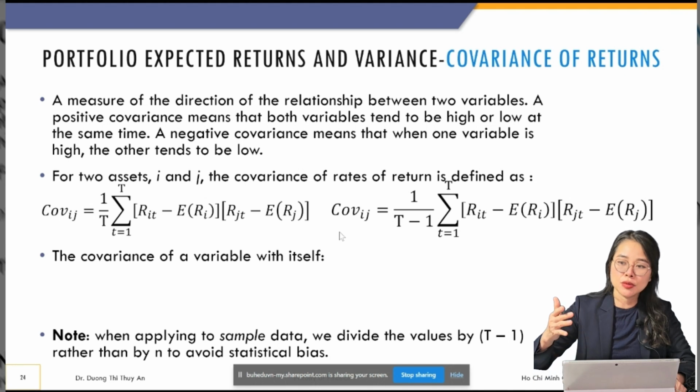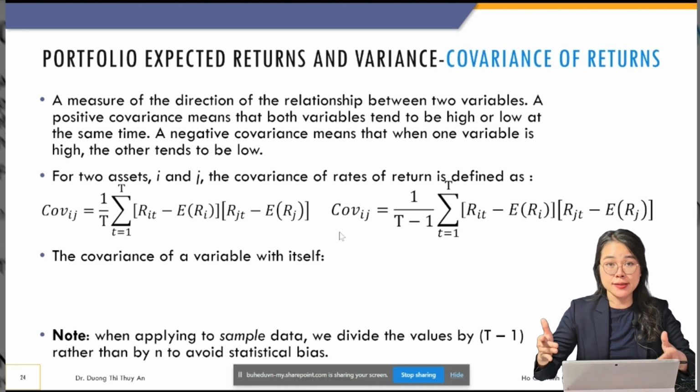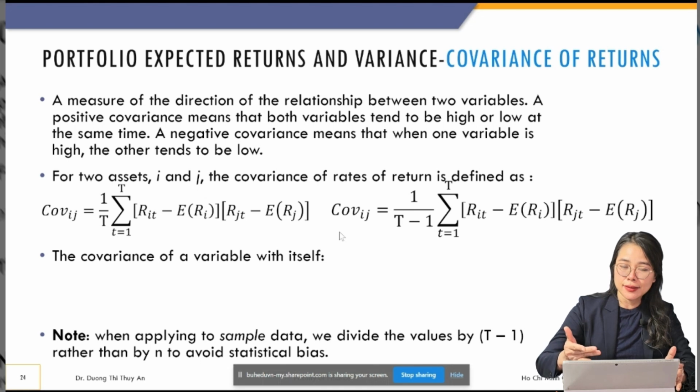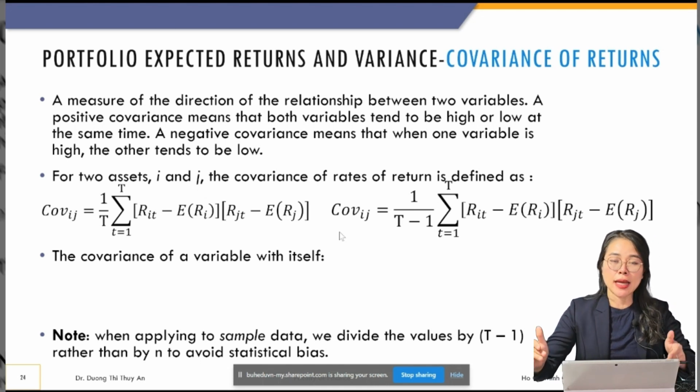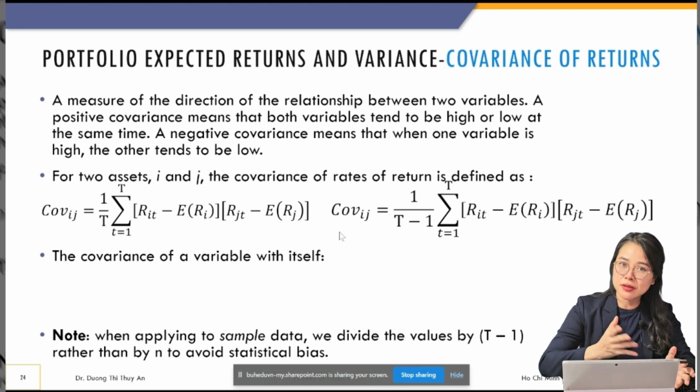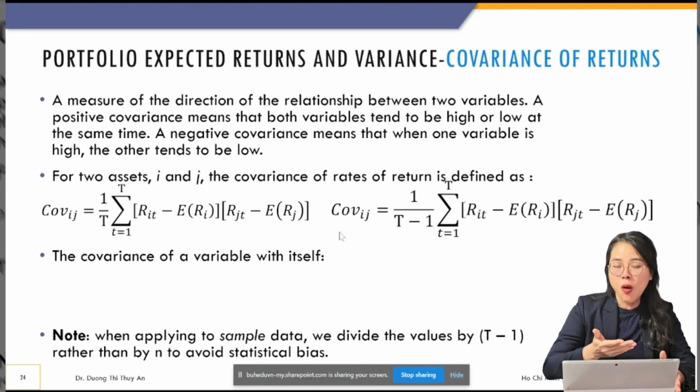If one asset increases 10%, does the second asset also increase 10% or only 2%? Or for negative covariance, which means they move in opposite directions, if one asset increases 10%, does the other decrease 10% or about 5%?